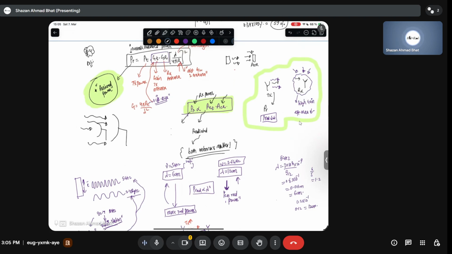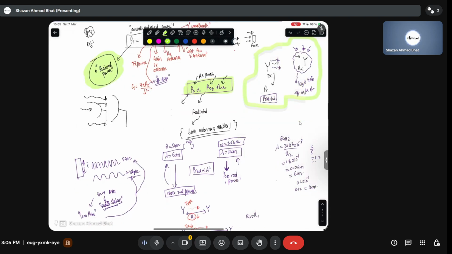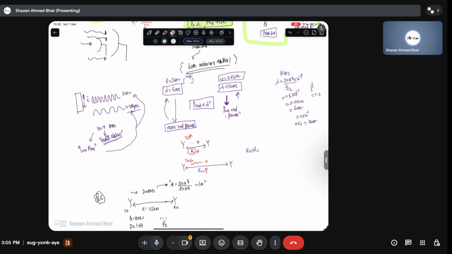That's why the received power depends upon the gain of the transmitting antenna, the gain of the receiving antenna, obviously, and it depends upon the wavelength. So the received power is proportional to wavelength square. That means for higher wavelength, you have more PR. That means the received power is more compared to that of the lower wavelength. So the received power will be less here.